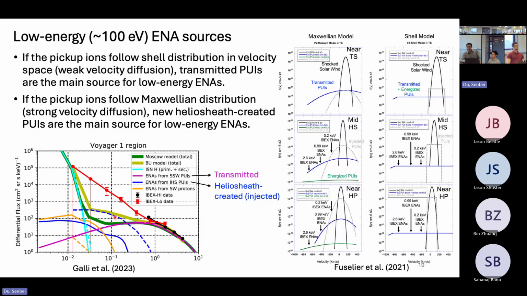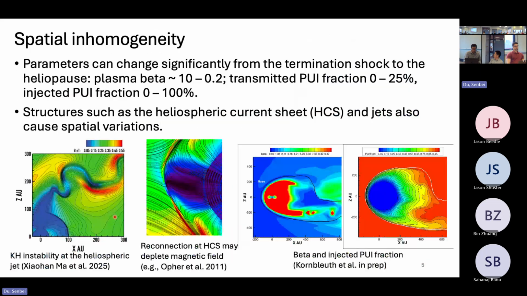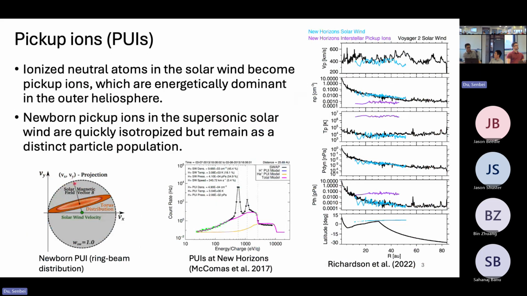Okay, yeah. So the shell model, if I go back to the pickup ions, basically means that these initially created pickup ions have a certain velocity, about the solar wind velocity in the solar wind frame.